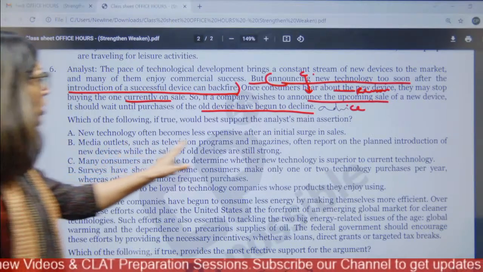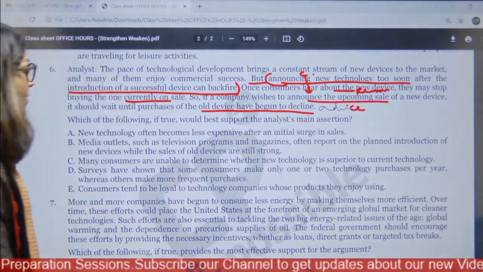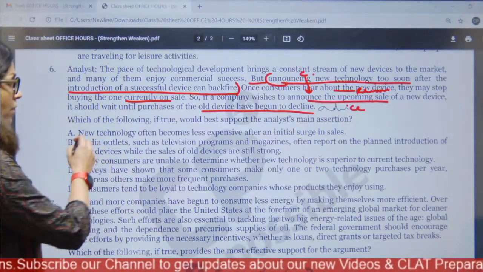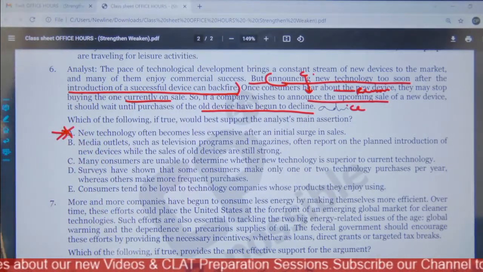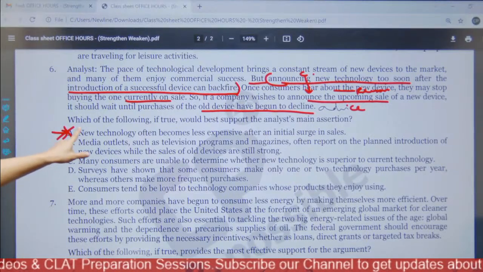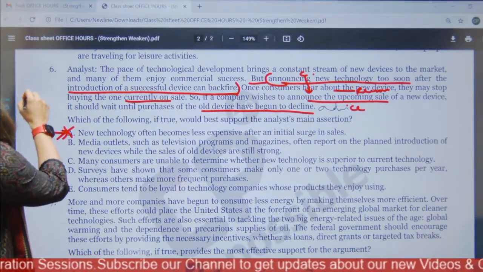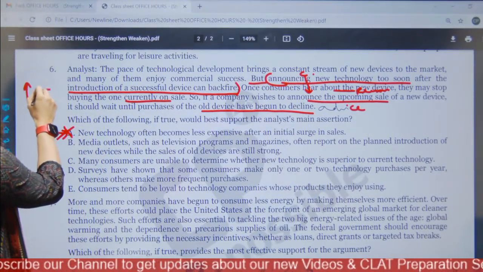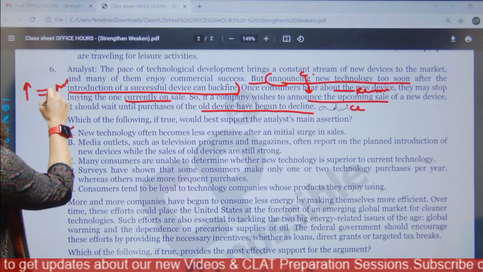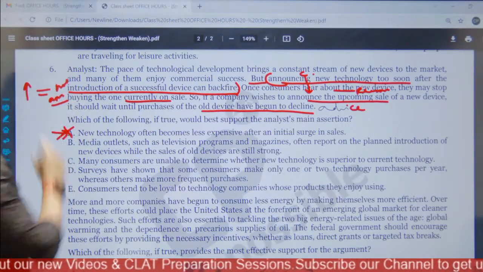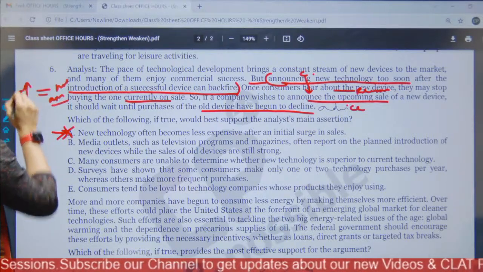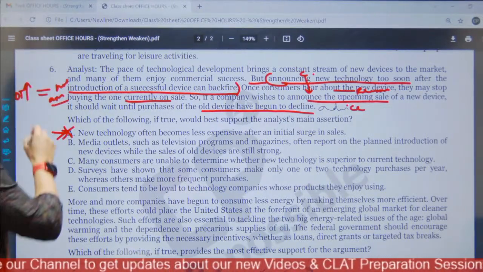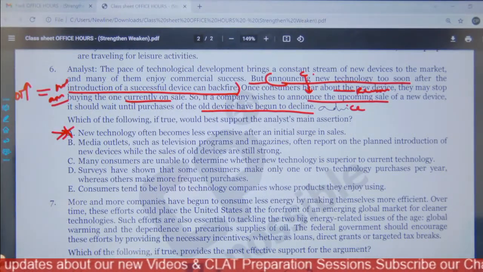Right? New technology often becomes less expensive after an initial surge in sales. Some information but irrelevant. We have to show if old technology is selling, then one should not announce new. If old technology is selling, OT, old technology is selling, then don't announce new one.